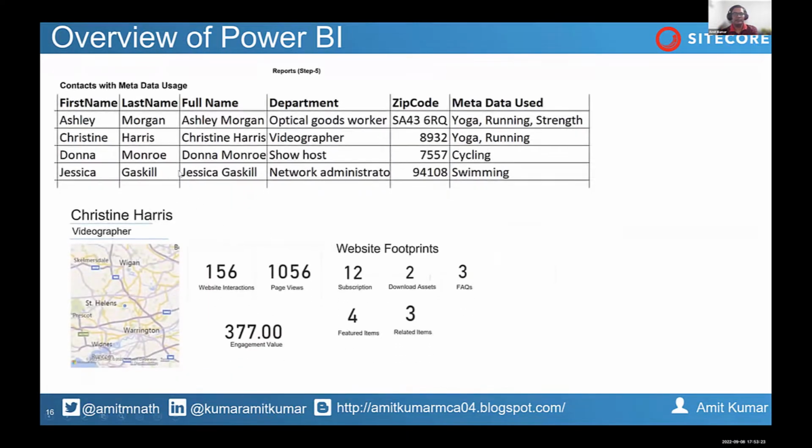And this is a granular level view of one of the users. Suppose you want to see, for this user, how many times this user has interacted with your website. That granular level detail you will not get, and how many pages this user has viewed, right?